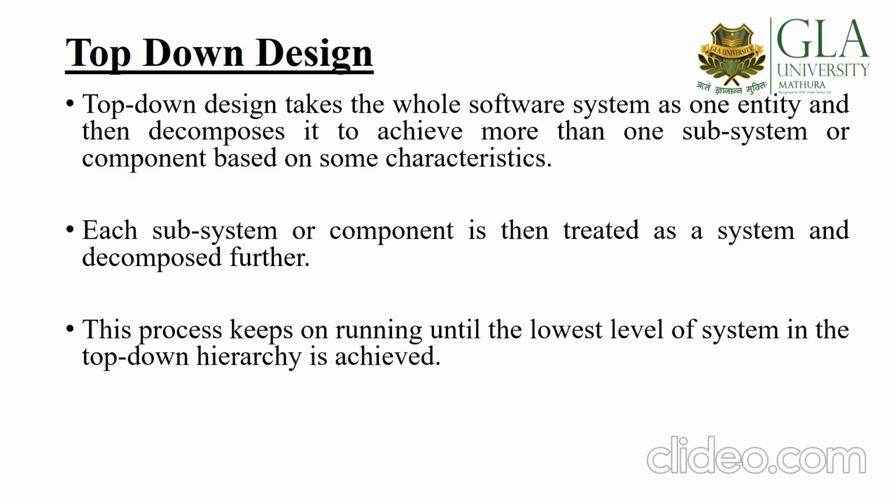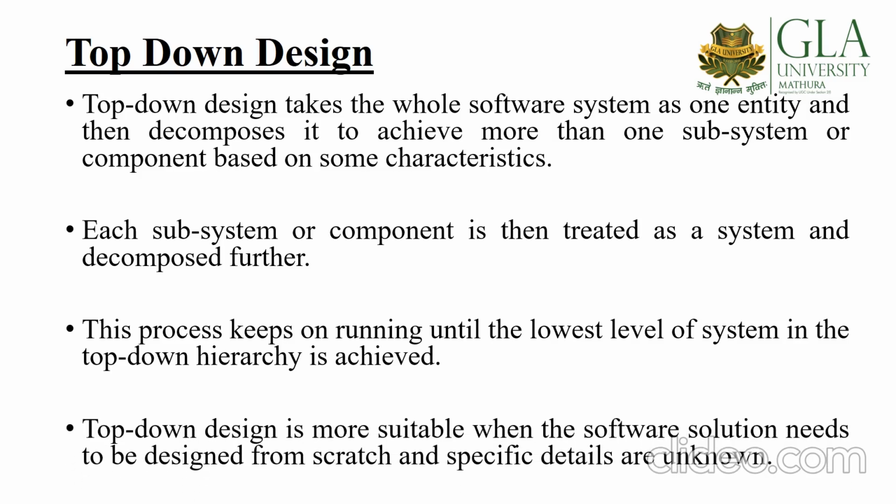This process keeps on running until the lowest level of the system in the top down hierarchy is achieved. Top down design is more suitable when the software solution needs to be designed from scratch and specific details are unknown.